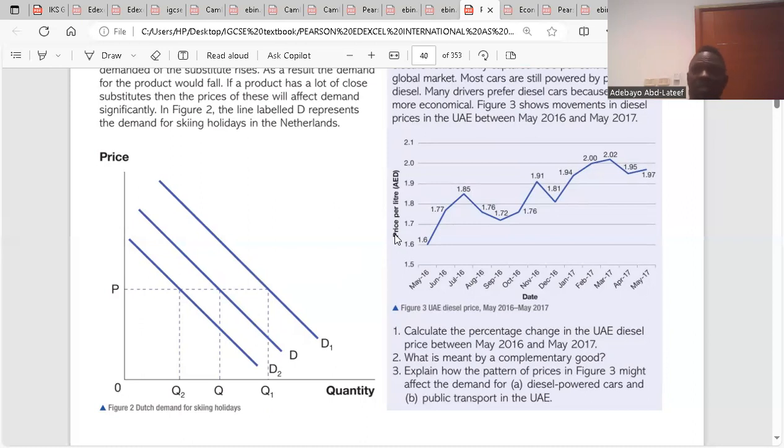So if the price of a product compared to those of its competitors increases, the demand curve for such product would shift leftward. And those that are cheaper might see consumers increase their demand, because consumers are conscious about price. So the demand for such product might increase relative to the substitute. Is it clear now? So that is about substitutes.